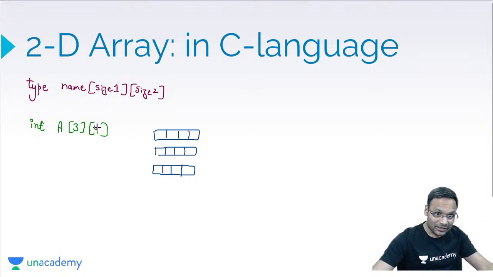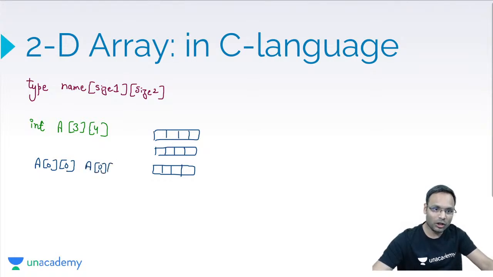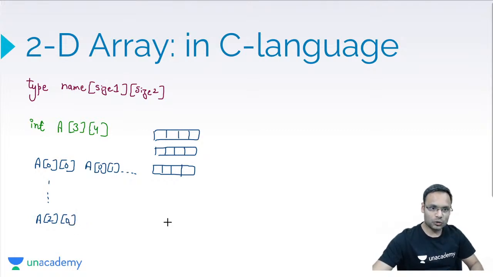Means if I have these 12 elements, how do I index the elements? The first element will have row number 0, column number 0. The second element will have row number 0, column number 1, like this. And the last row, the last one will be a of 2 comma 1.